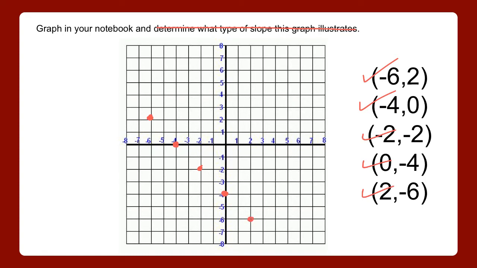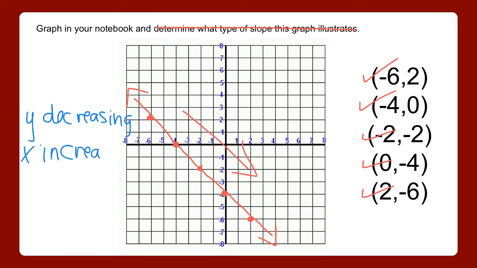If I went too fast for you, I've got to draw my line. Feel free to pause me and catch up. So this one, if you look at it, it looks like we're walking downhill. What's happening is that our y-coordinate is decreasing, while our x-coordinate is increasing.